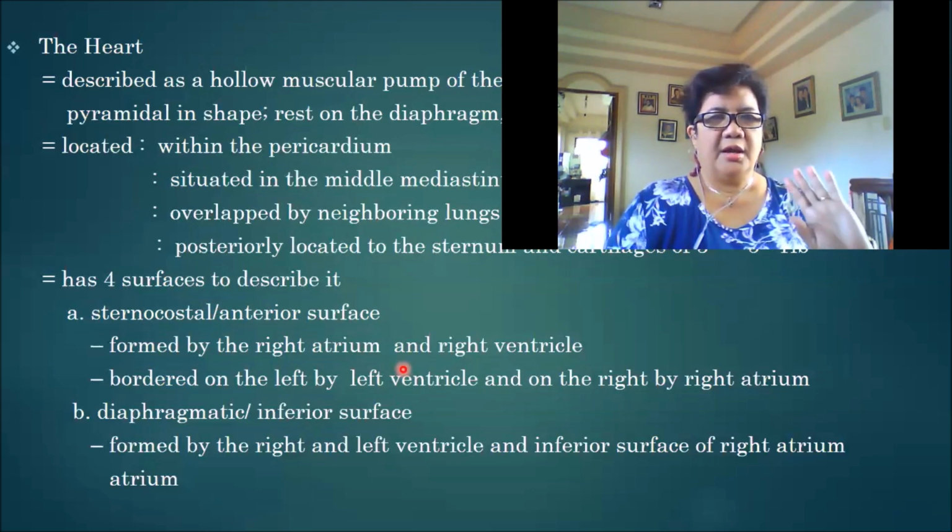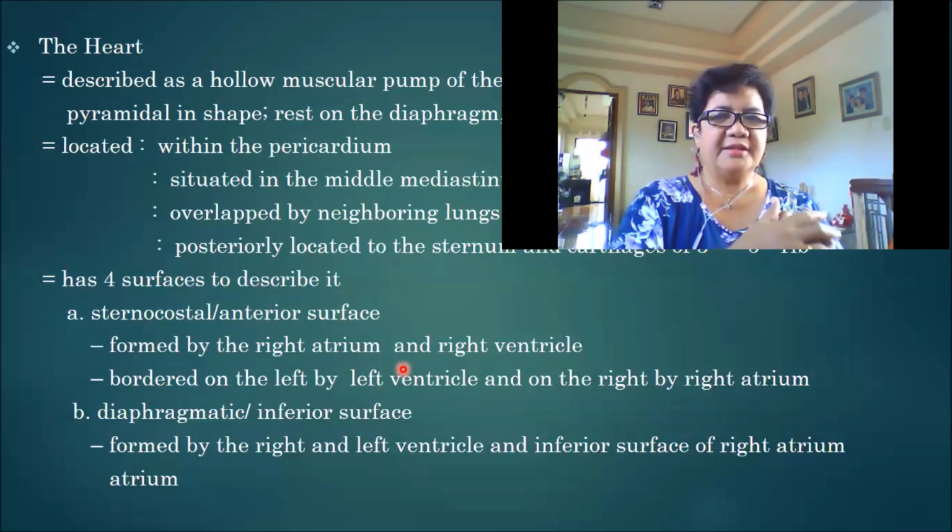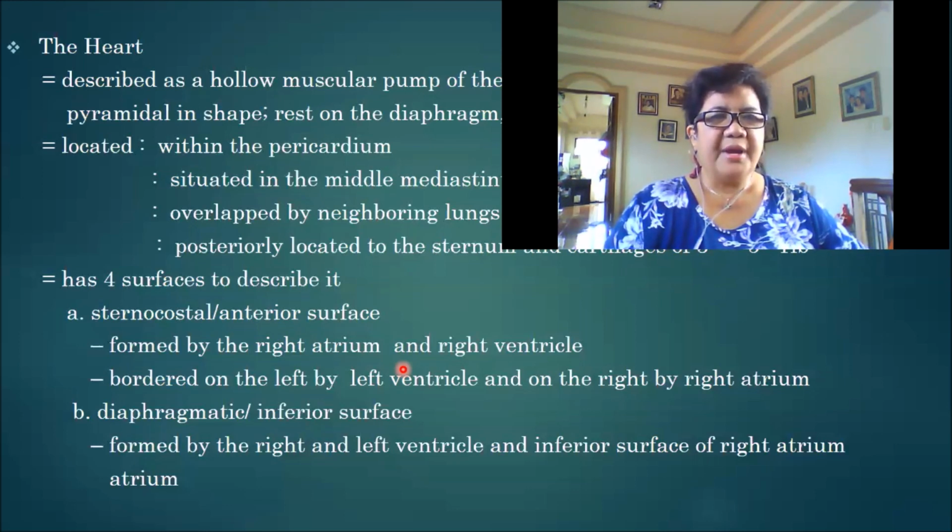Since it is directed more to the left, what is seen is the right atrium and the right ventricle. This will be bordered on the left by the left ventricle and on the right by the right atrium.